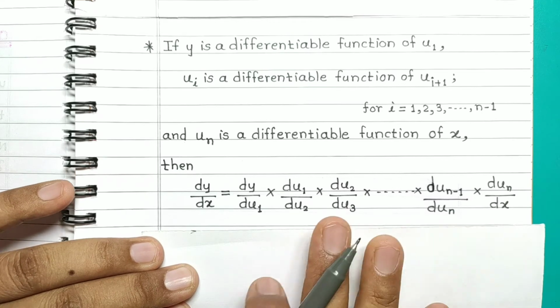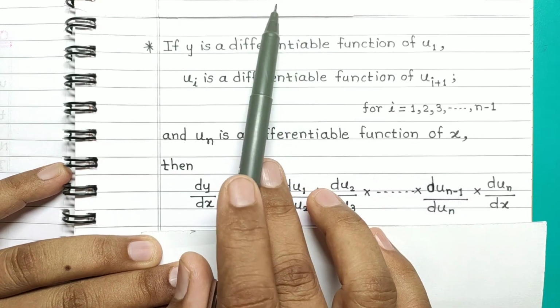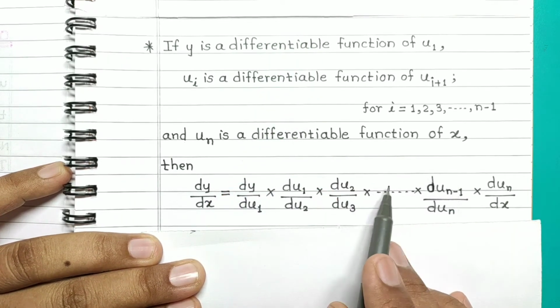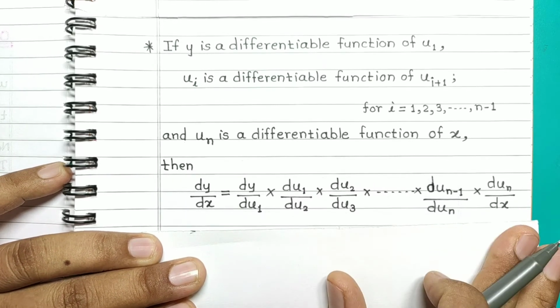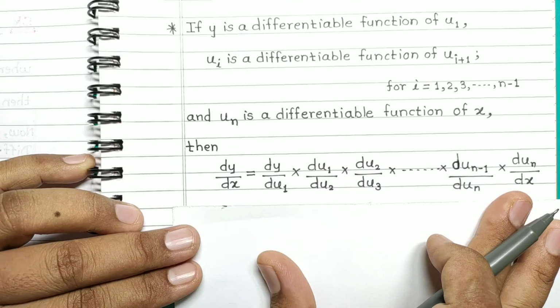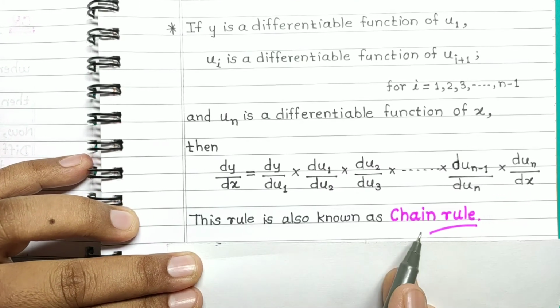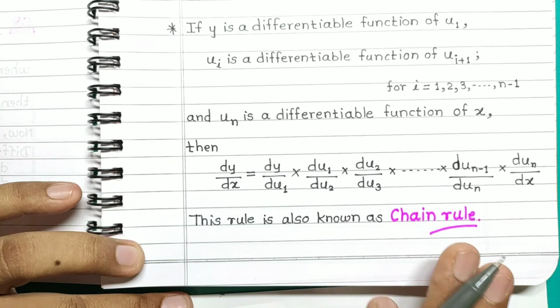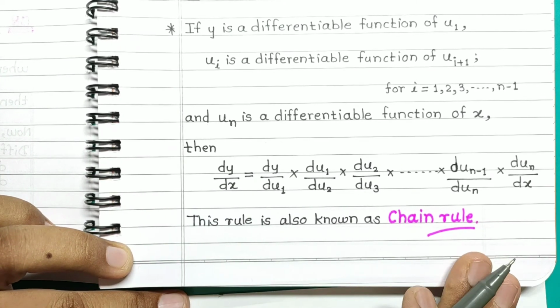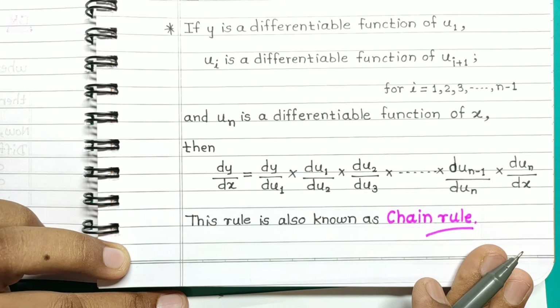That means we can extend this rule for more than two functions. So it forms a chain. So many times this rule is also known as the chain rule. So the chain rule is for the derivative of a composite function.